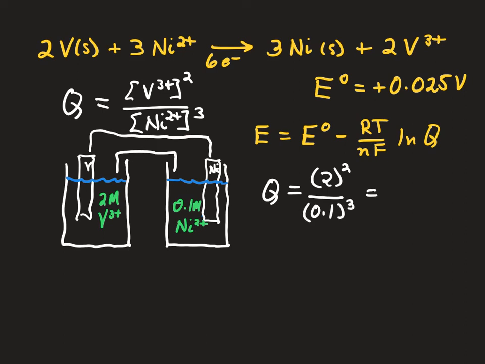And so if we do that math, we get a Q of 4,000.